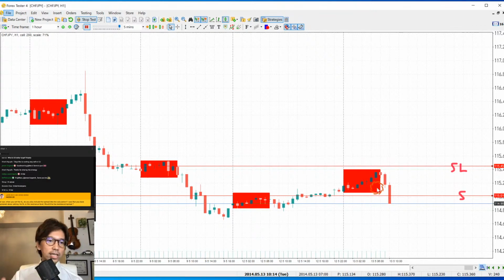So I don't really care about 1 pip or 2 pips or 3 pips of spread, because I'm going for over 100 pips of profit. But when you move the stop loss to break even, you cannot really be over the position, right?